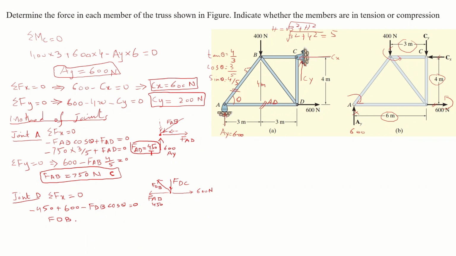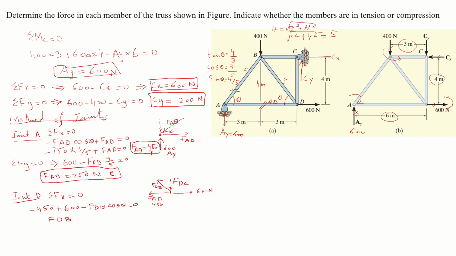So to find F_DB, we first have to find the angle theta. As you can see, these triangles are similar because their sides are similar. You can see this is 4, this is 3, so its hypotenuse will also be equal to 5. So angle will be the same.